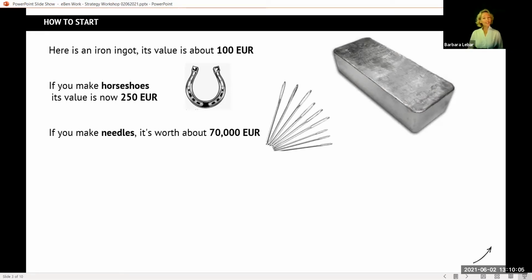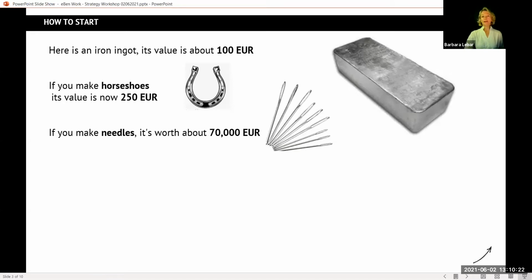If you would decide to make needles for sewing, either hand sewing or with a machine, then the products you are going to sell would be worth around 70,000 euro, which is quite a difference to 100 or 250.